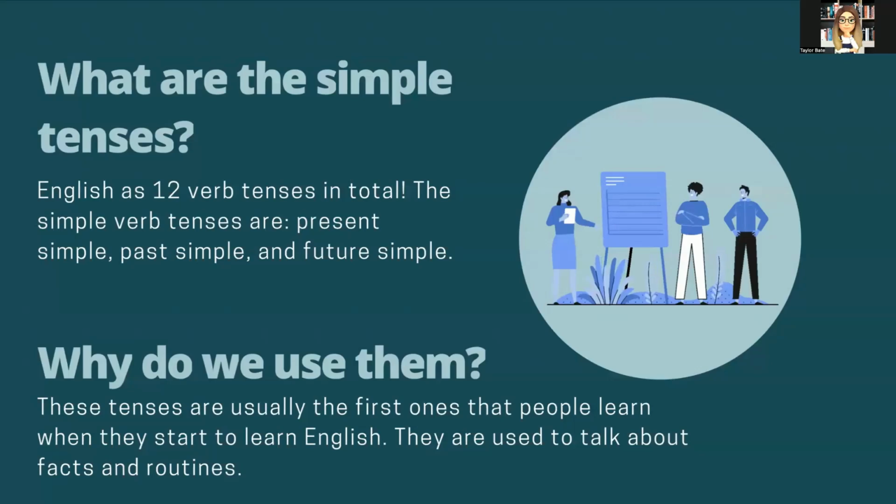They are the most basic tenses that you can learn, and they're also really important for getting a variety of messages. In most cases, these tenses are used to talk about facts and routines, but they tell us a little bit more depending on which verb tense you use.